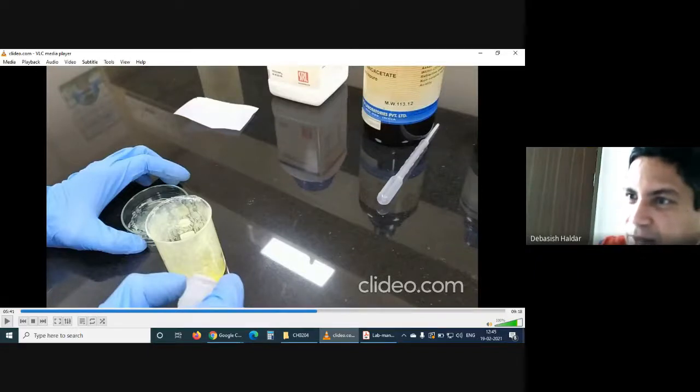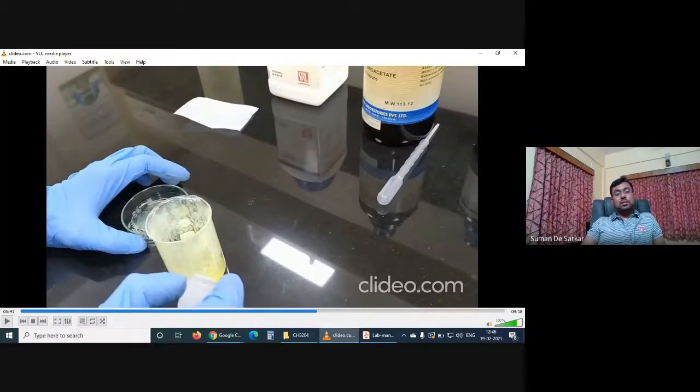Otherwise, it will spread throughout the microwave, and then it will smell very badly. And another thing is, it will be pretty hot inside immediately after finishing the reaction. You have to wait a couple of minutes. Then with proper cotton gloves, you can take it out.